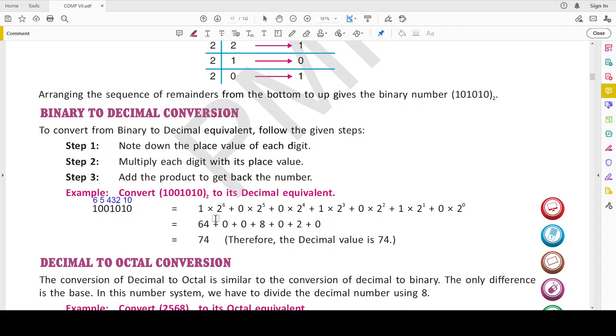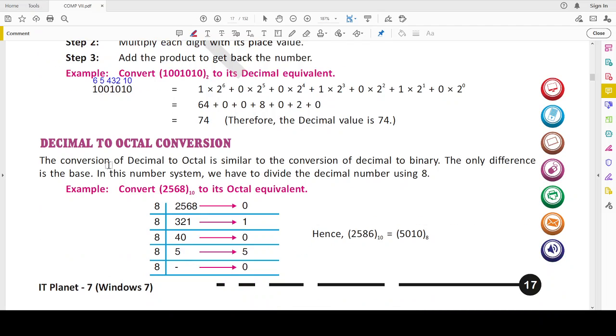And you have 64 into 1, 8 into 1, and 2 into 1, giving you 64. Okay, so this binary number is equal to 74 in decimal. Clear?